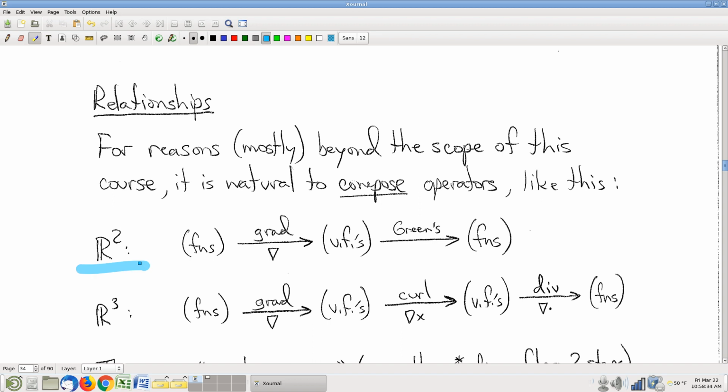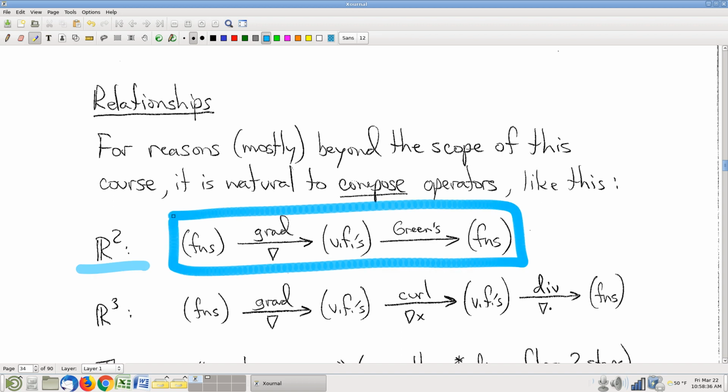In R2, it's going to make sense to think of gradient as a function that takes in real valued functions and gives you vector fields, and then to think of those vector fields as things that you might naturally want to take Green's operator of, resulting in then real valued functions.